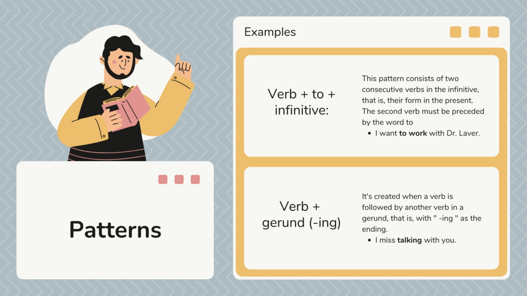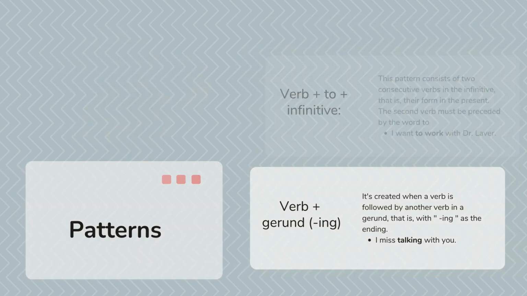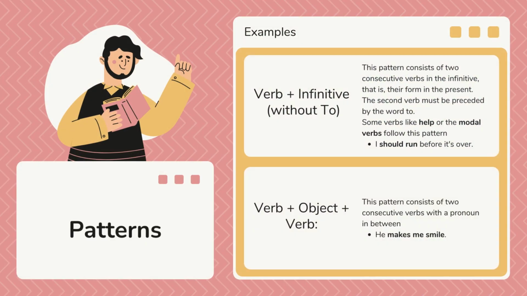So: I miss talking with you. Instead of saying I miss to talk with you, we're using the gerund to join them. So I miss talking with you. I have the verb miss and I have the verb talk. We use the gerund, that is the ing, so it's talking. I miss talking with you. Okay.